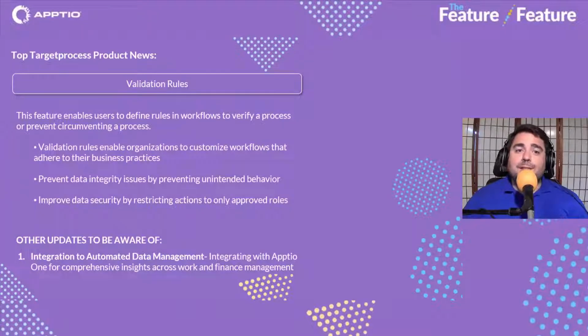And for Target Process, we have validation rules. We did touch on this on our earlier episode, but we wanted to highlight this again because it's a really big deal, the amount of control and basically ensuring that users are doing the right things within the platform and creating essentially guideline rules for users to have to go through certain steps in order to complete different tasks.